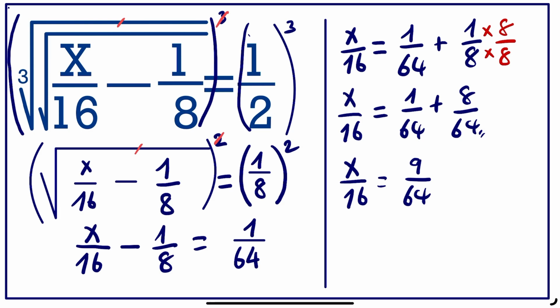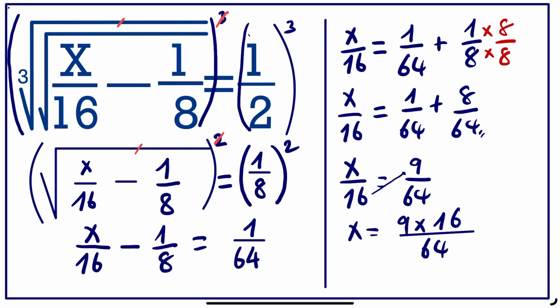The next step is to cross multiply. So we can bring this 16 up here. So we are going to have our x equal to 9 times 16 divided by 64.